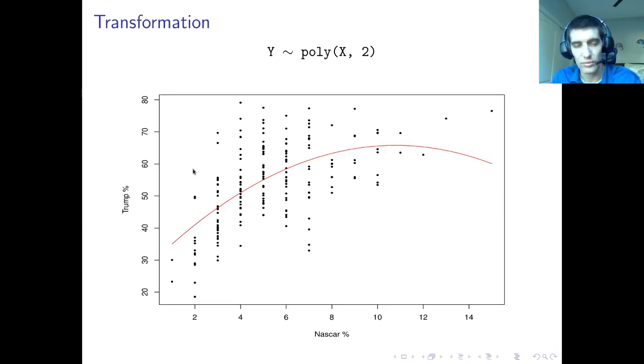So here's another, this is a multiple linear regression model. This is y predicted from a polynomial function of degree 2 of the NASCAR predictor. So here we're able to generate some curvature, okay? And so we're doing a little better here. But I might say we're still overestimating these points.